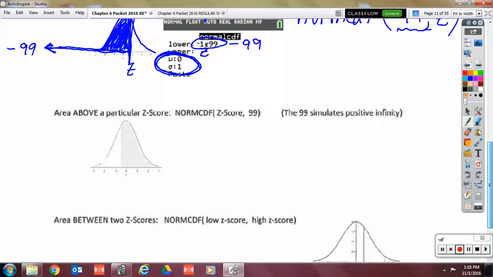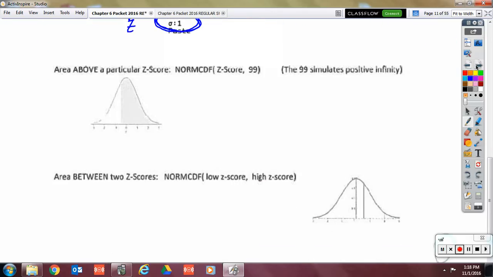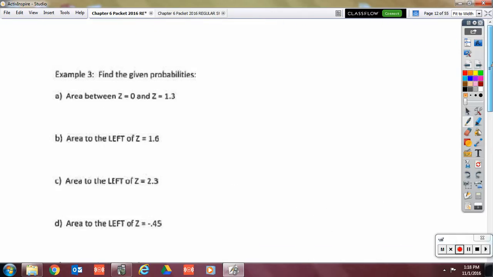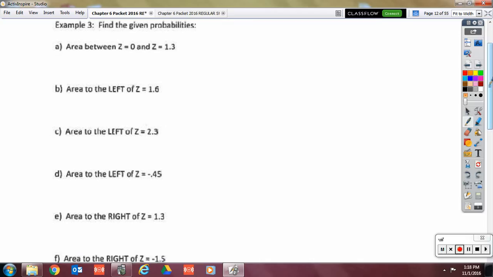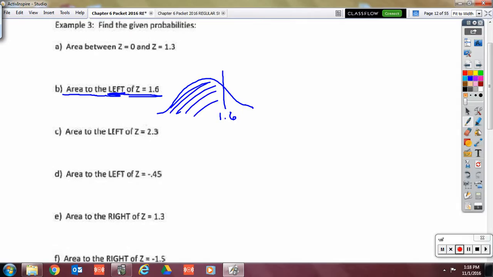Okay, let's try example 3 on the next page. Do you see this one that says find the area to the left of the z-score 1.6? What that picture looks like is you have a z-score of 1.6 and you are going to the left, down to negative infinity.